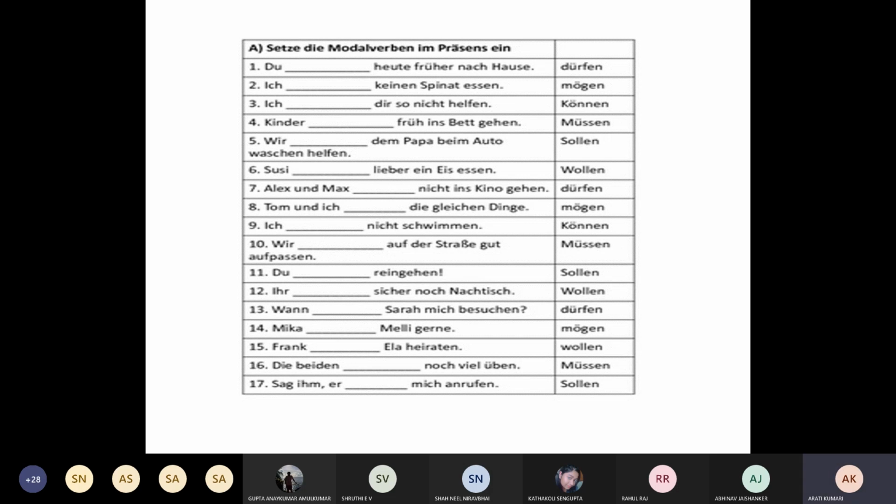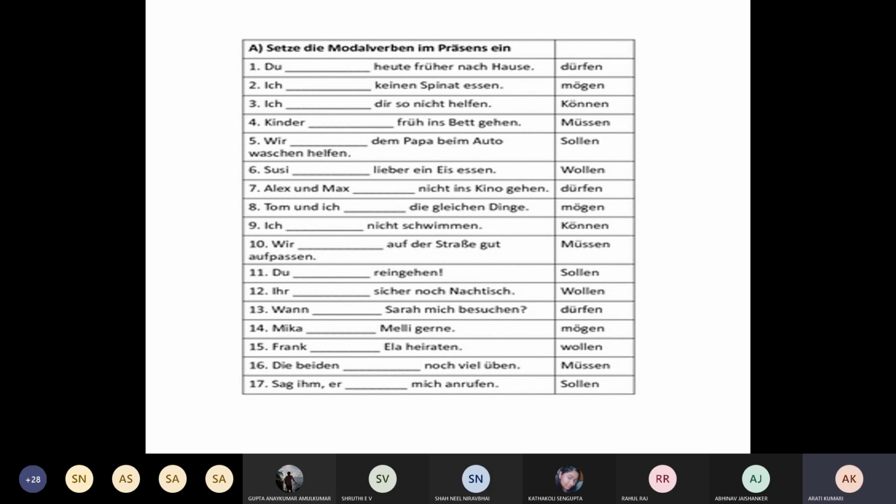We have to do modal verbs in present tense. So at the end of every sentence, a modal verb is given, and what you have to do is conjugate it in the present tense, like we are only learning present tense now, and put it in the sentence.